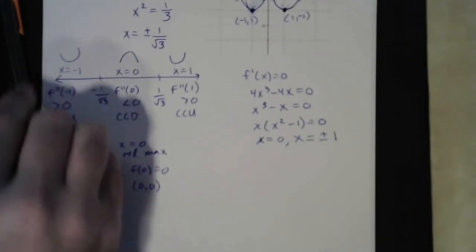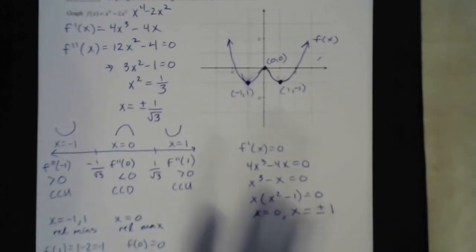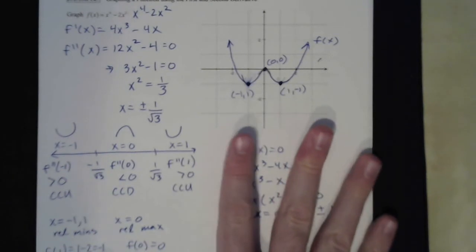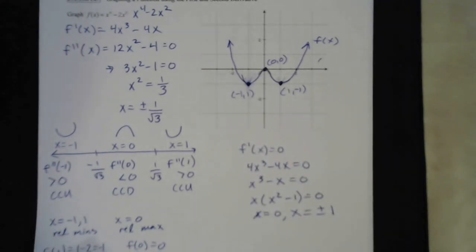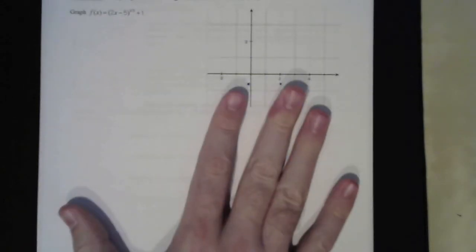So there's a lot that we have to do to get here, and this isn't even a perfect calculus quality graph. Right now this would still be considered a sketch because it's missing some information. So let's flip the page. I have a true practice for you here, and I want you to try this out.